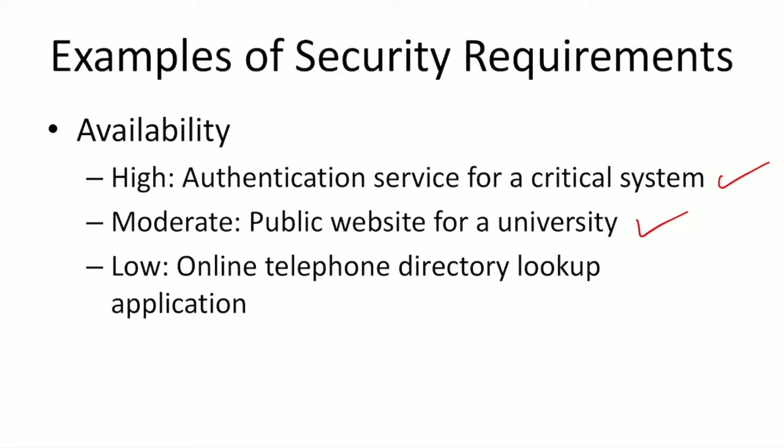An online telephone directory lookup application would be classified as a low availability requirement. Although the temporary loss of the application could cause annoyance, there are other ways to access the information, such as using a hard copy of the directory or through a phone operator. So there is less damage.